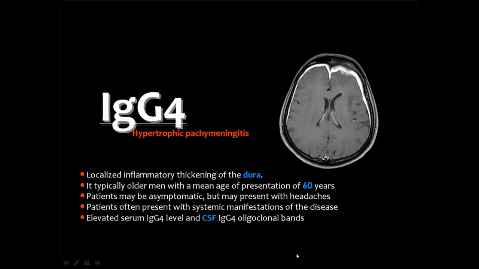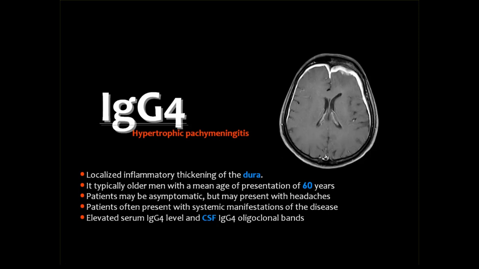Then we come to the head and neck abnormalities, starting with hypertrophic meningitis. By meningitis, we mean the dura, which is markedly thickened and enhanced, while the leptomeninges are the arachnoid and the pia mater, which have been mentioned before, and we also discussed the differential diagnosis.